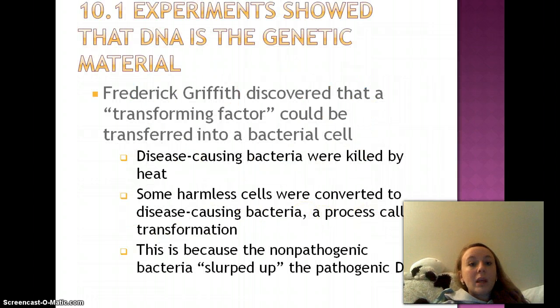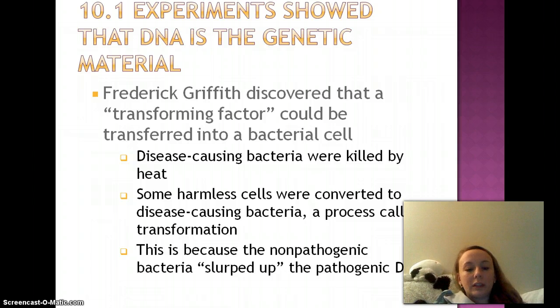So 10.1, Griffith found a discovery about the transforming factor that transferred into a bacterial cell. So what he did was, we talked about how he took that disease-causing bacteria and heated it up to kill it. Okay? So what happened is some harmless cells that were inserted into that mouse with that heat-killed bacteria were converted into disease-causing bacteria, pathogenic bacteria.